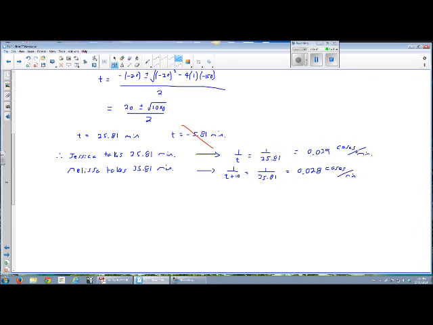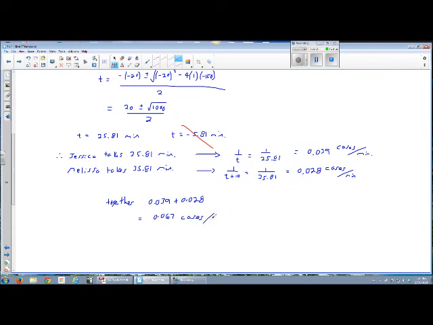And then together, we can just group this all together. Together they work, and we've got 0.039 plus 0.028, which is 0.067 cases per minute, or in 1 minute.